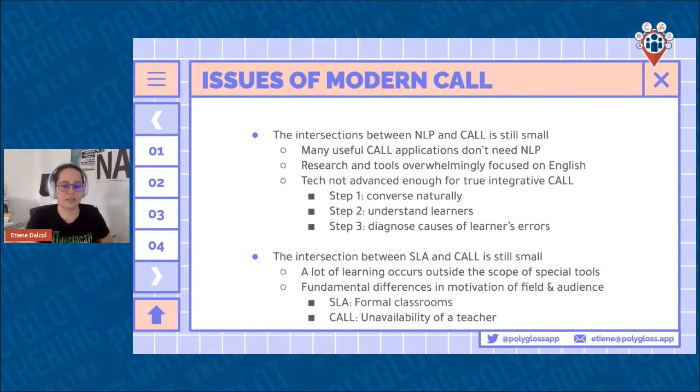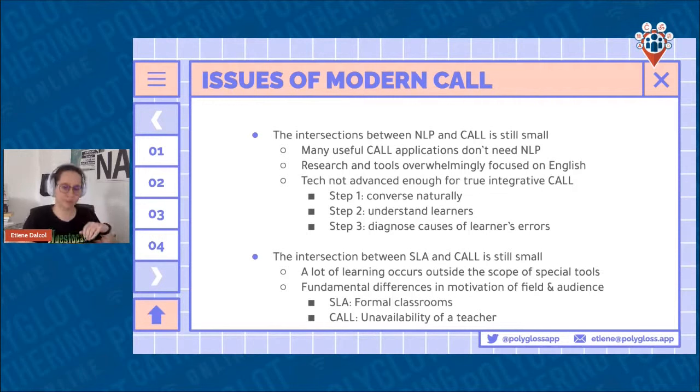And the reason is that to do something like that, first, a bot needs to pass a Turing test and fool everyone that it is a human, which is something that technology hasn't done yet. So, yeah. And then, as I said, it can't just spot the mistake. It has to diagnose why you made a mistake, right?